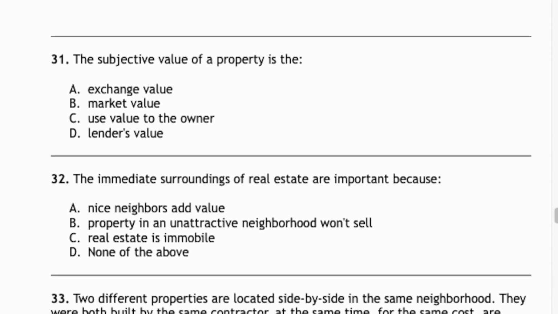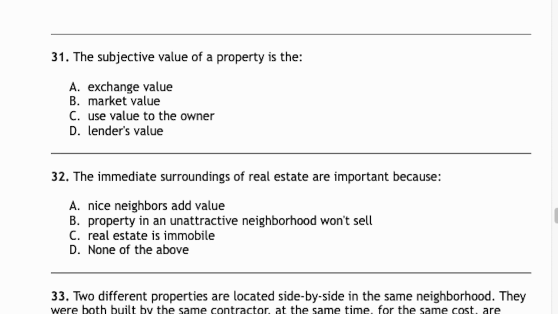32. The immediate surroundings of real estate are important because A, nice neighbors add value. B, property in an unattractive neighborhood won't sell. C, real estate is immobile. And D, none of the above.